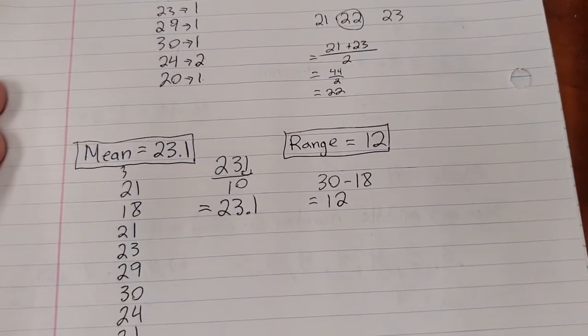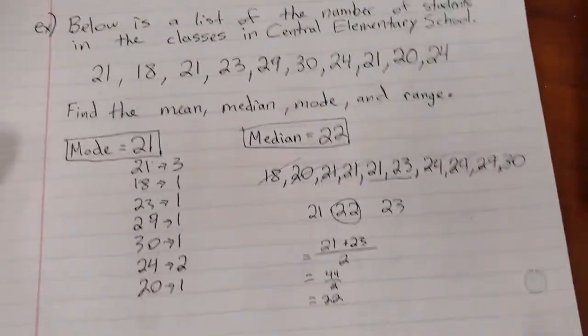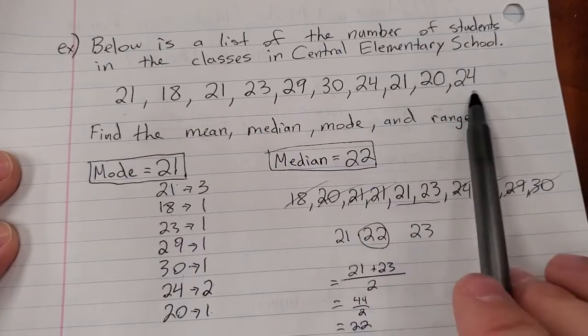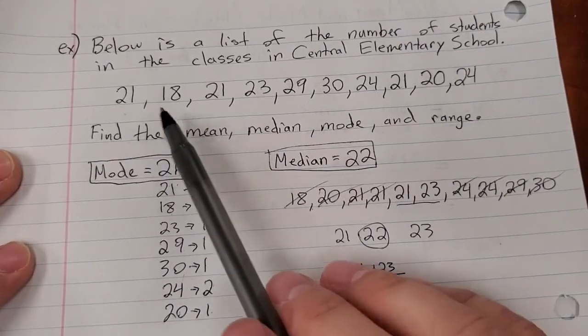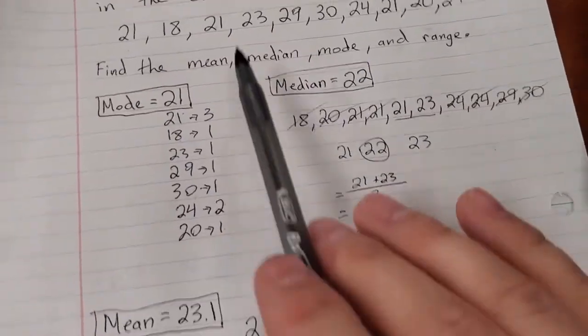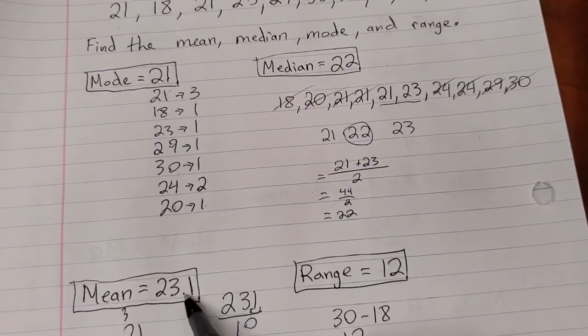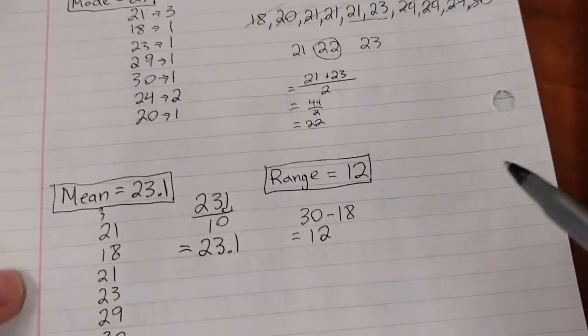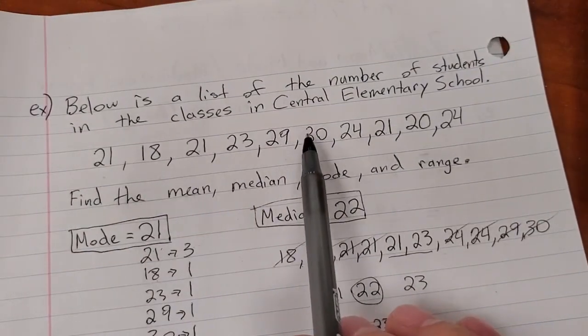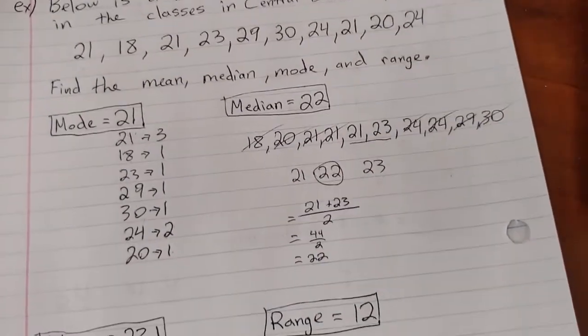And that's how we'll solve these. You'll notice the median is not one of the numbers that's in this set of numbers. The mode is the one that's the most common. Mean is not one of those, and it's got some strange decimal. And finally, the range is the difference between the greatest and the least numbers.